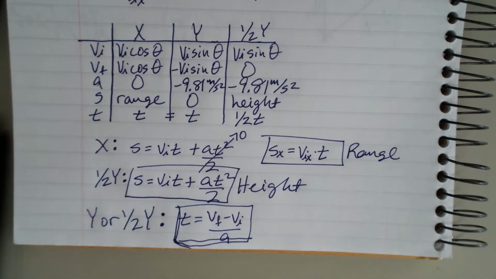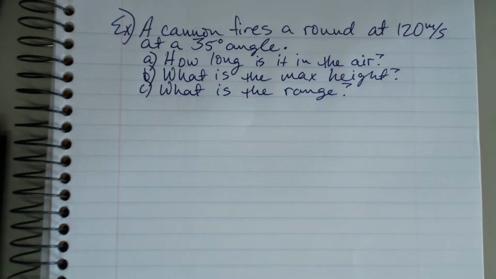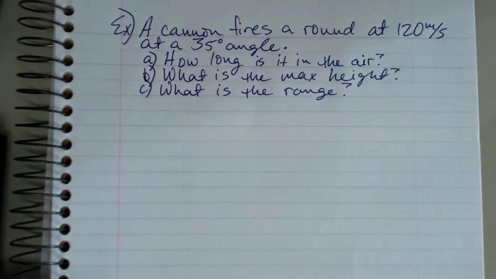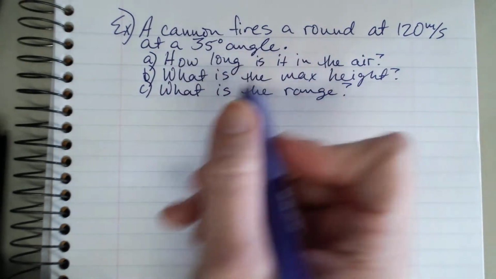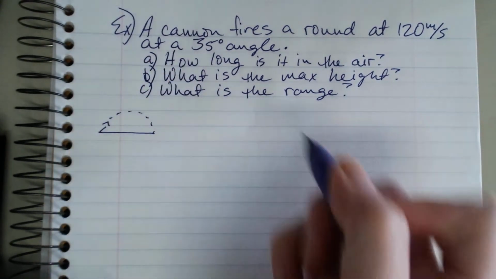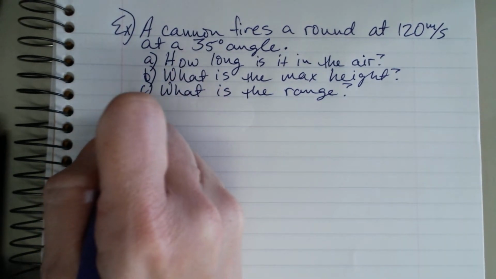Okay, so here's an example problem. A cannon is fired. It fires a round at 120 meters per second at a 35-degree angle, and I want to know the time, max height, and the range. So first, I'm going to draw a miniature picture. My angle is 35 degrees.